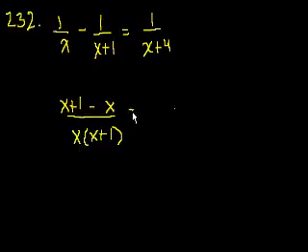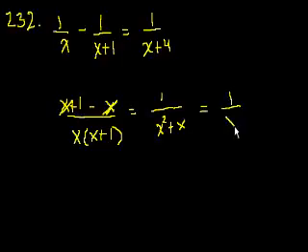So this left-hand side, the x's cancel out, and you get 1 over, well, we could just make that x squared plus x, right? So now the left-hand side is 1 over x squared plus x, and the right-hand side is 1 over x plus 4. And now we could invert both sides, or just set the denominators equal to each other. But let's just invert both. They're the same thing, actually.